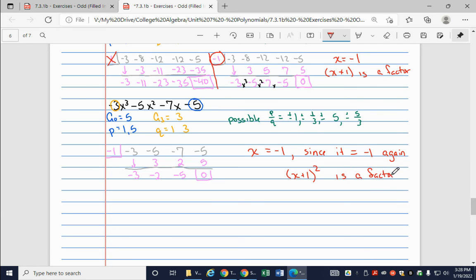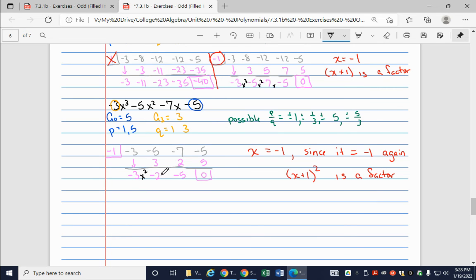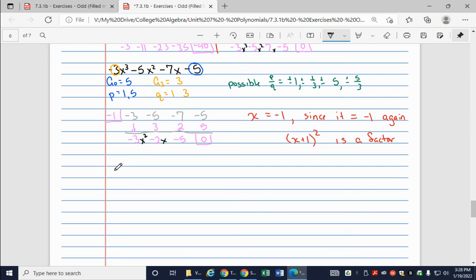Does that make sense? Because it works twice. Okay? We are not done, because now, remember, this was x cubed. Now we're down to x squared. So now I have negative 3x squared minus 2x minus 5.